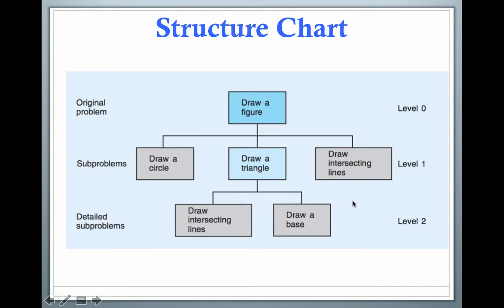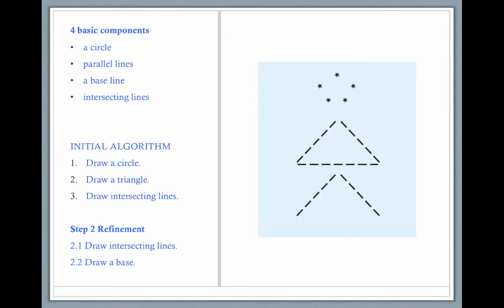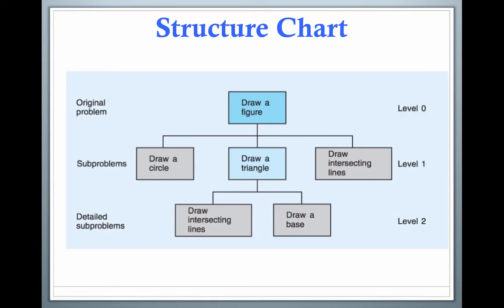So here is the structure chart and these notes, so you can take a little time and take a look at it. You want to draw a figure, and in order to draw the complete figure, it's made up of some sub-problems. You draw a circle for the head.